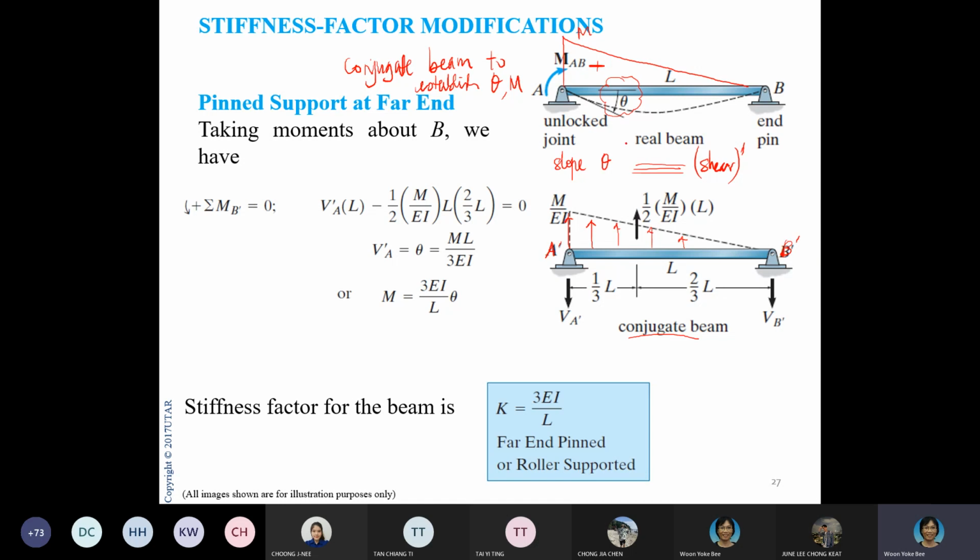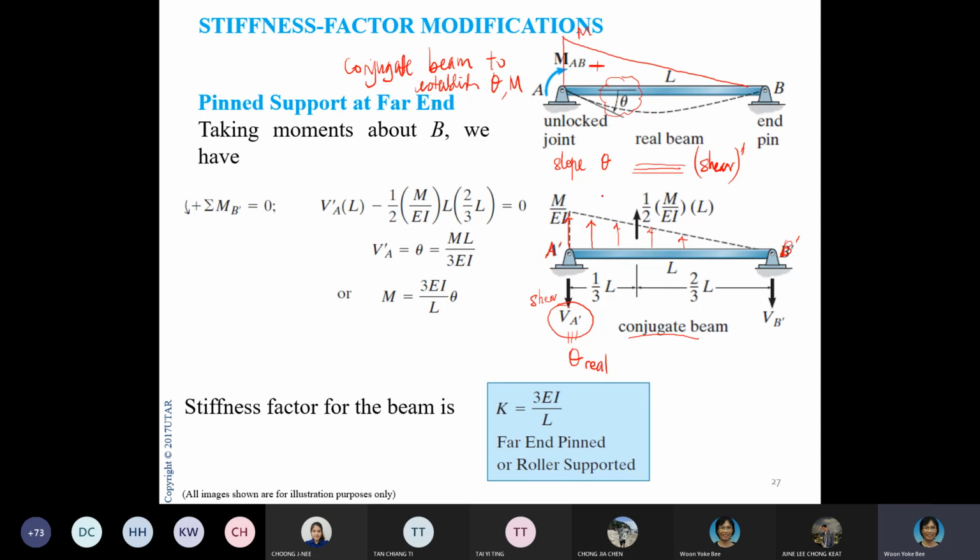So if I have this applied load on the conjugate beam, I should be able to find the shear at this point, because the shear here, VA prime, is numerically equal to my theta in the real beam.